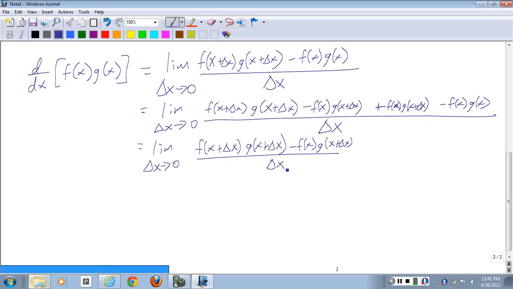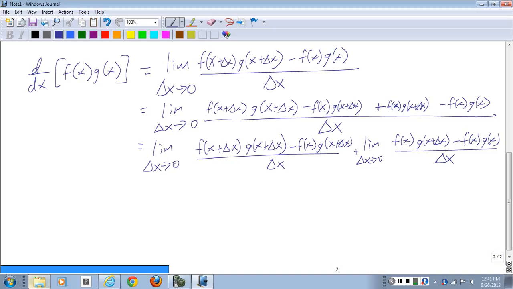And if you'll believe along with me that these limits wind up existing, we can write this as the limit as delta x approaches 0 of f of x g of x plus delta x minus f of x g of x. That saves a step. Typically I write the sum of the fractions, and then I say the limit of the sum equals the sum of the limits, and then I write the sum of the limits. So this is the sum of the limits.